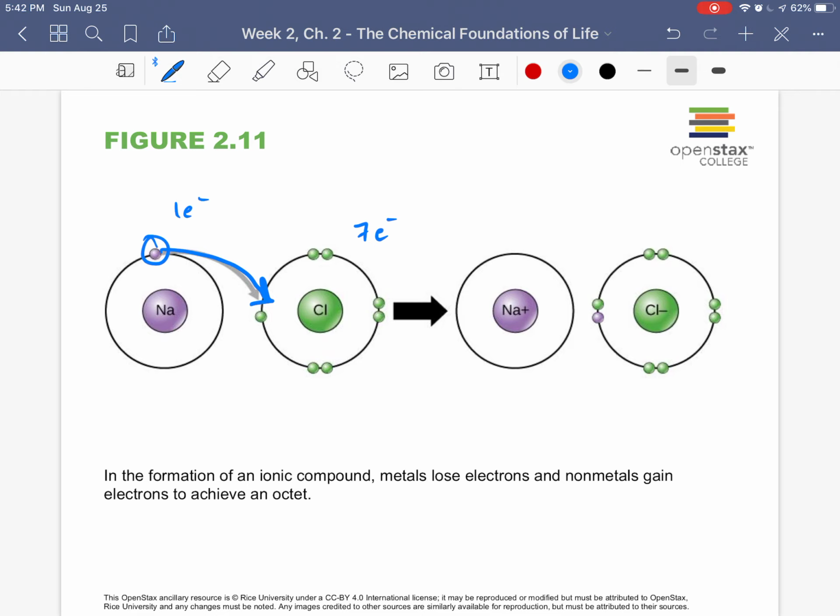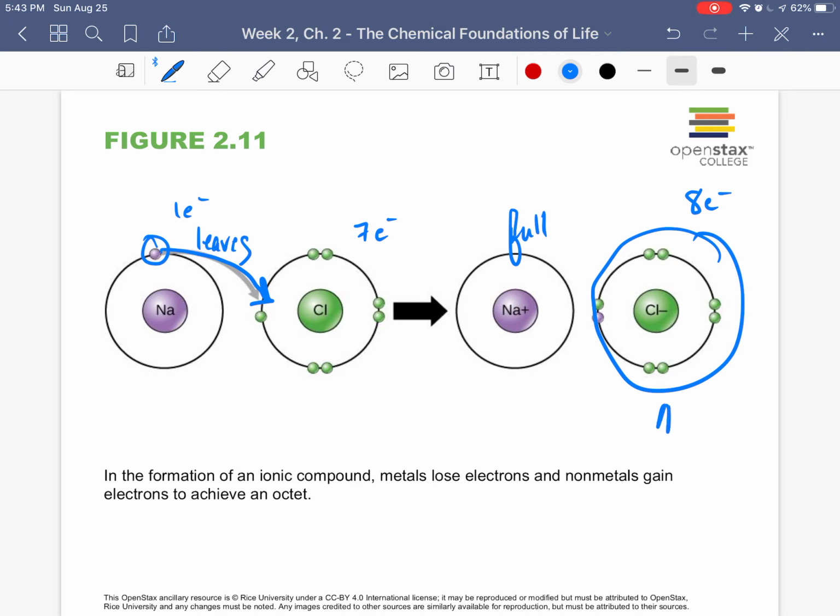And so this electron leaves. It's not shared, it actually leaves and becomes part of the chlorine electron cloud. So now we have 8 and we're happy, and now we are full and we are happy. So we are content, we are stable.